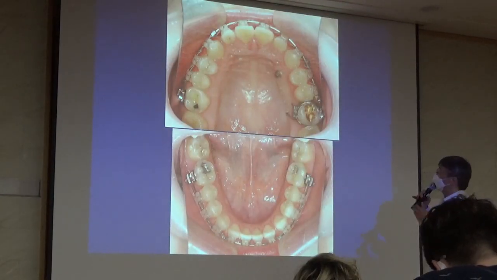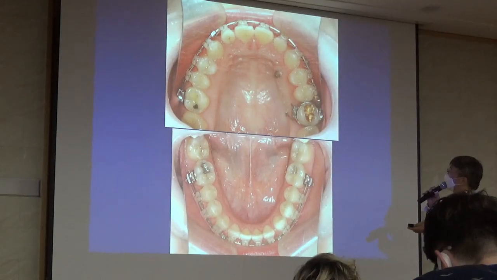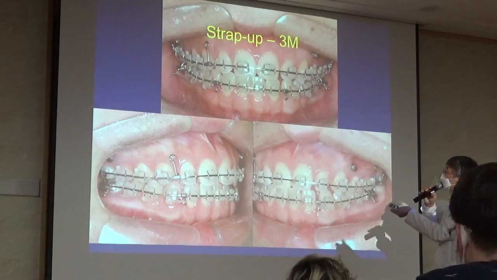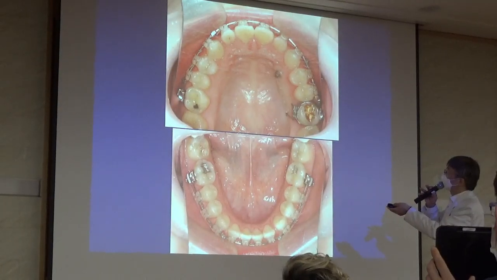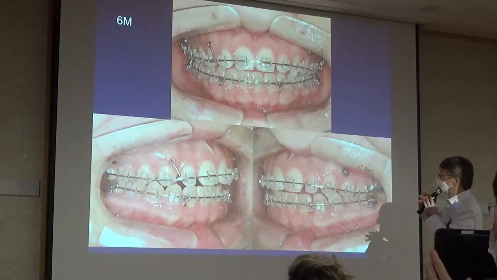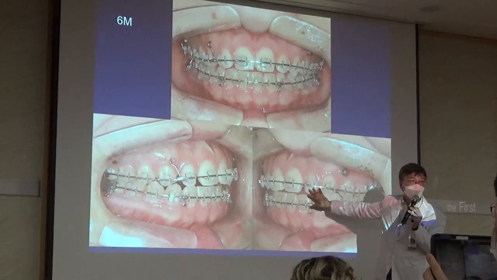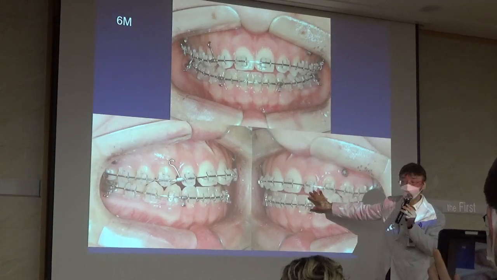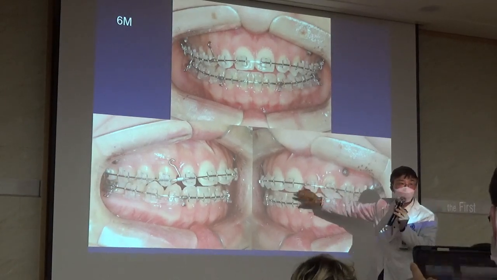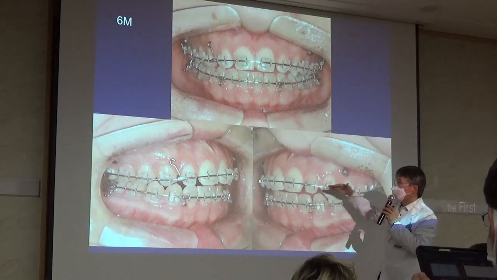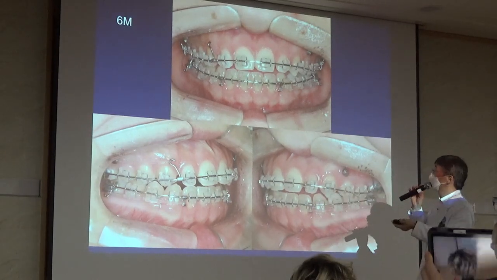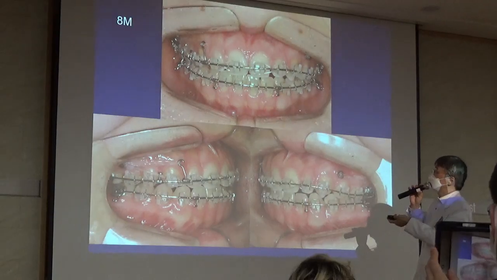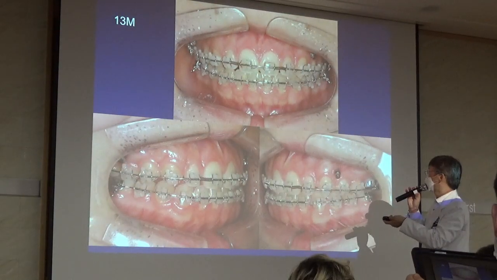So in the middle of the protraction, you may find some open bite, right? And you have to use maxillary elastics to flatten the occlusal plane at all times, and then restart the protraction and arch rotation, 8 months, 13.